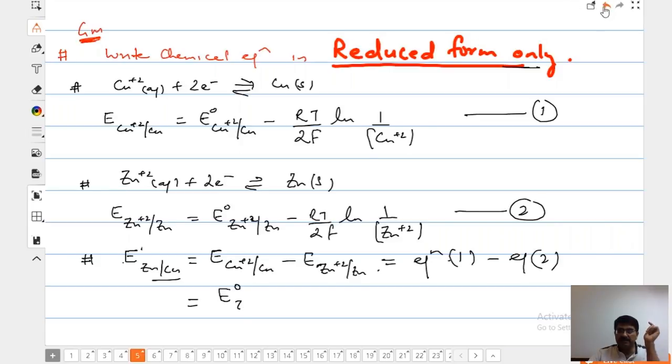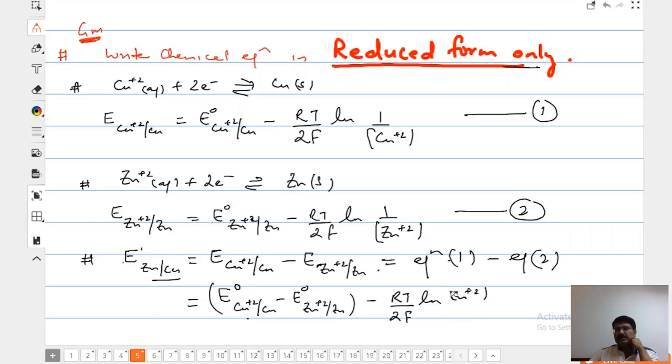I can write it like this if you wish: E naught copper plus 2 oblique copper minus E naught Zn plus 2 zinc, the way we were doing, reduced minus oxidized, minus RT by nF, it is 2F, natural log of Zn plus 2 by copper plus 2, zinc by copper.